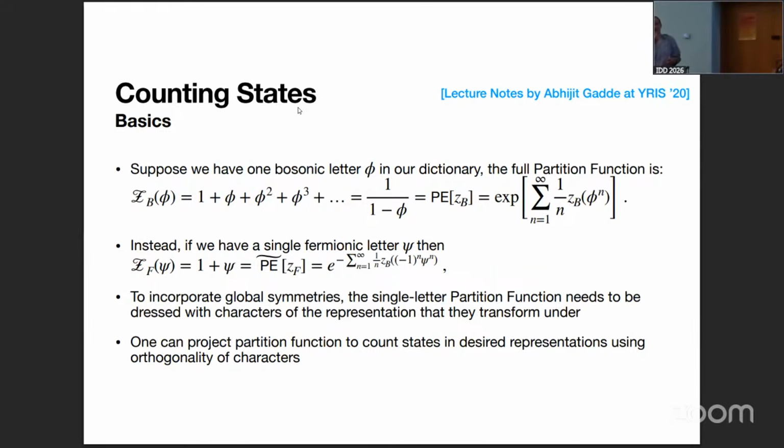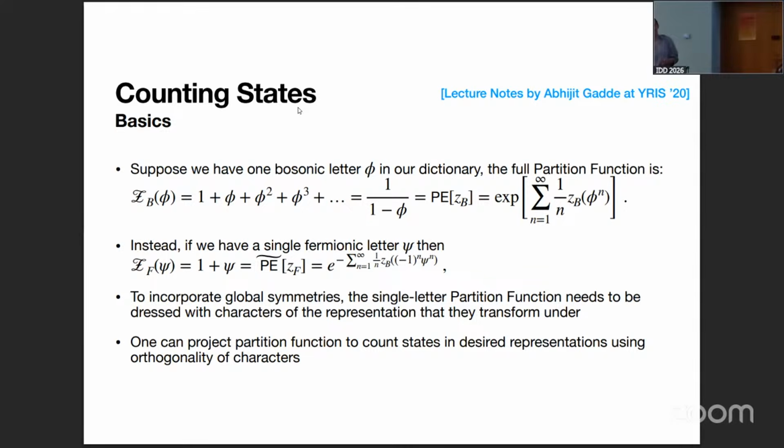Roughly, what you do is that you have, for example, one letter from which you can create words in your dictionary. And then what is your partition function? For a bosonic letter, it's like this. Then you can rewrite it as a plethystic exponent of a single letter partition function, which also has an explicit formula.